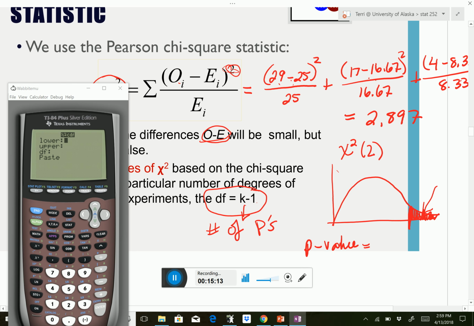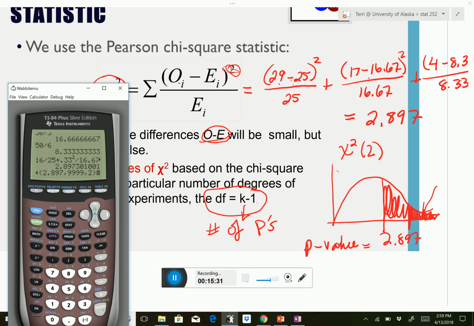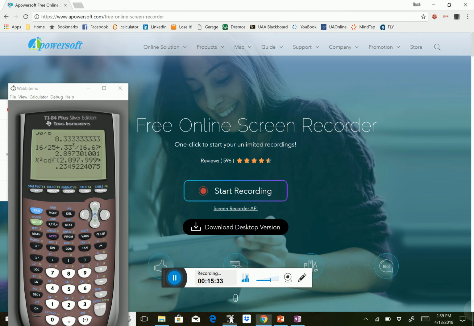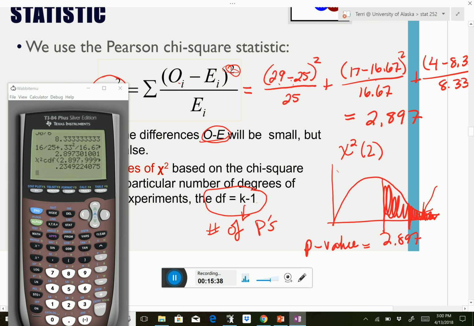So our lower number is 2.897. And then our upper, 9999, degrees of freedom is 2. Paste. Enter. Our p-value is equal to 0.235.